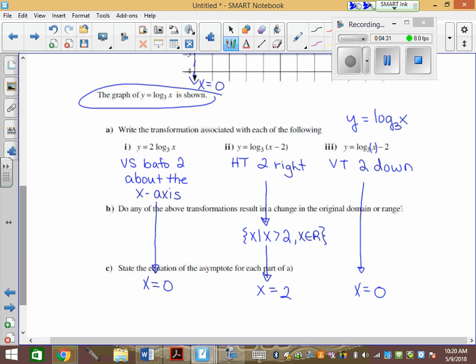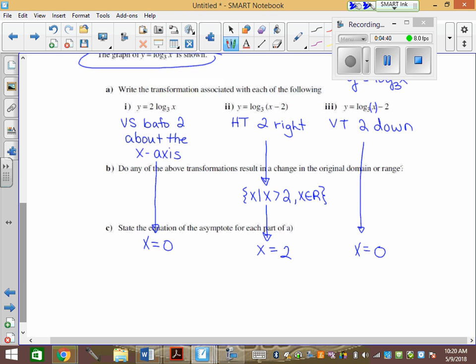Okay? So what's the only thing that moves your vertical asymptote? Or sorry, horizontal in exponential. Yes. So the vertical asymptote is equal to the horizontal translation.